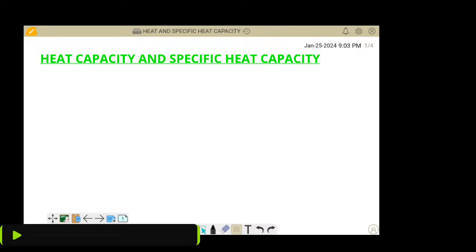This evening we shall be looking at heat capacity and specific heat capacity. To start with, we are going to quickly consider the introductory part of this topic that we did in year 10.